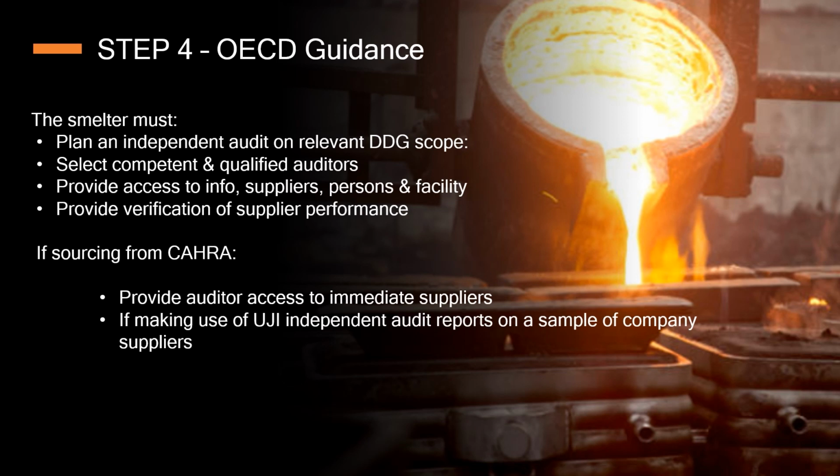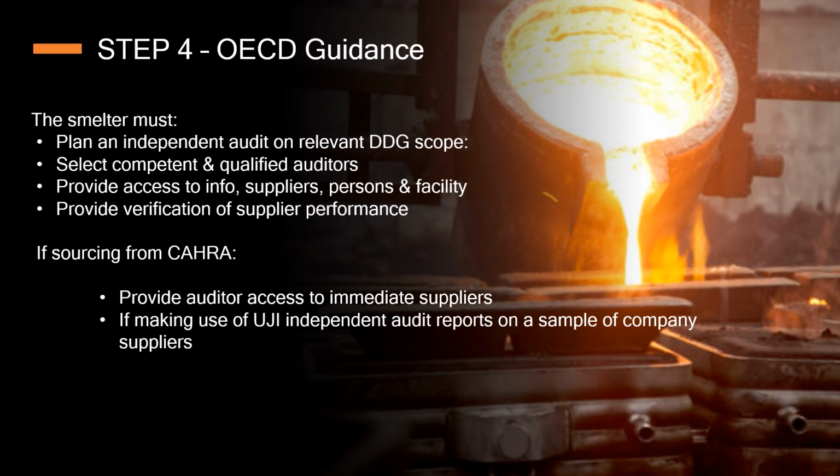The planning of the audit by both the smelter and the auditor must be based on the due diligence scope of the company. For example, a recycling smelter does not need to comply with all of the steps of OECD due diligence guidance and the tin code with regards to links to CAHRAs or not.